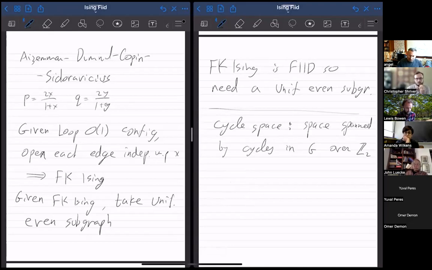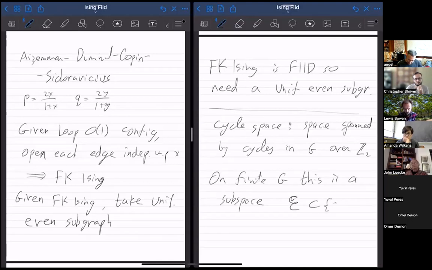On a finite graph, this is fairly straightforward, and it is just a subspace, let's call it E, of Z2 to the edges. But when you want to define this on an infinite graph, you can take two different limits.